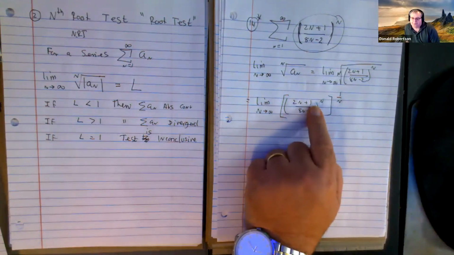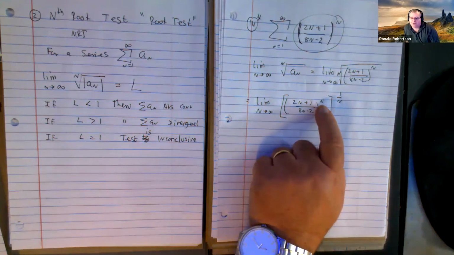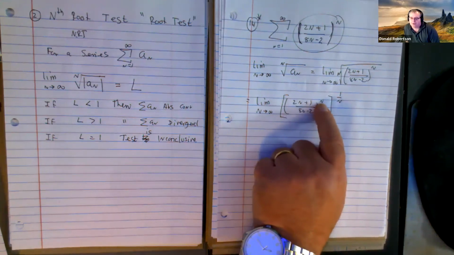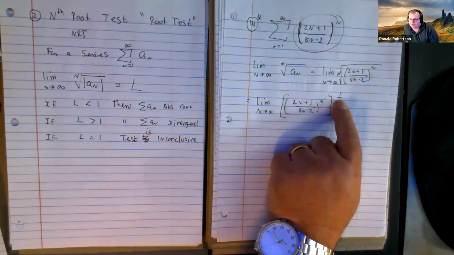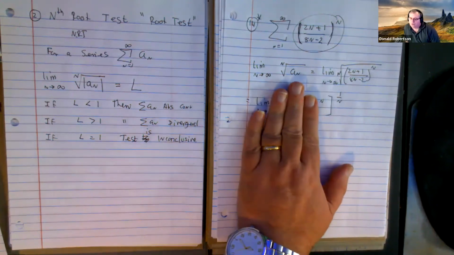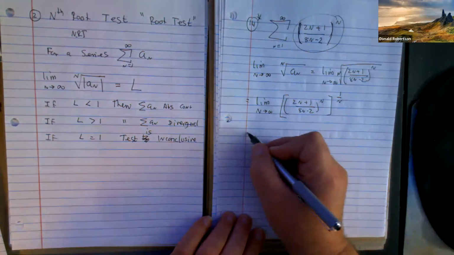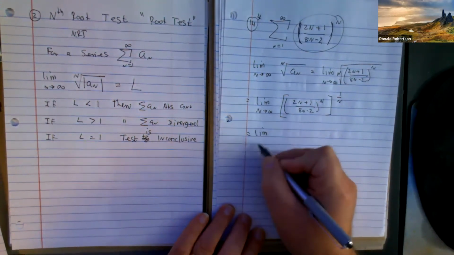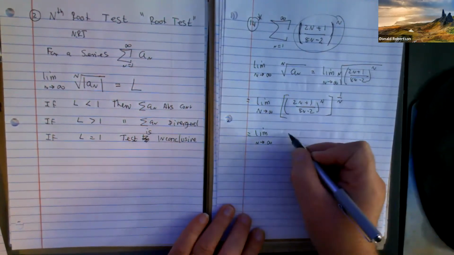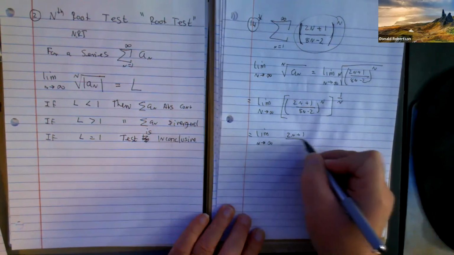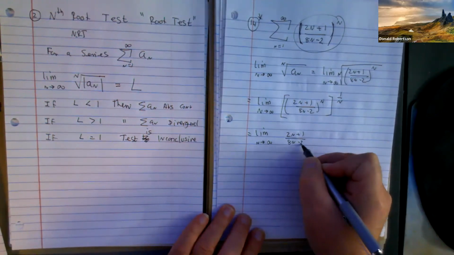Let's use this one. What's going to happen when you take this fraction to the power of n and raise it to the power of 1 over n? Well, won't those two essentially cancel each other out? Like the square root of x squared, that kind of thing. So that means we are now left with the limit as n tends to infinity of a much, much simpler guy.